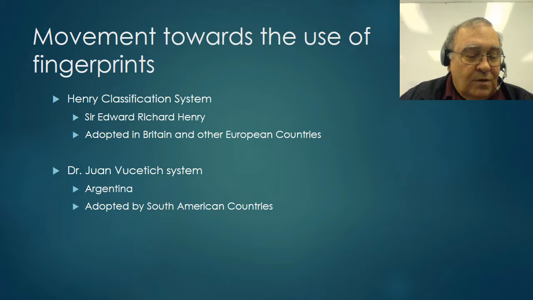And we also know that due to movement into technology and digital imaging, although we still need a basic knowledge of the Henry system, we've moved on to another system that fits the digital world called the NCIC system.